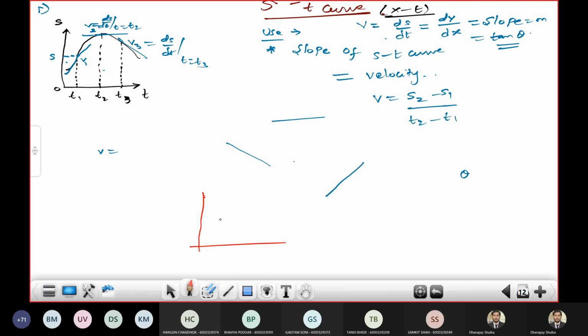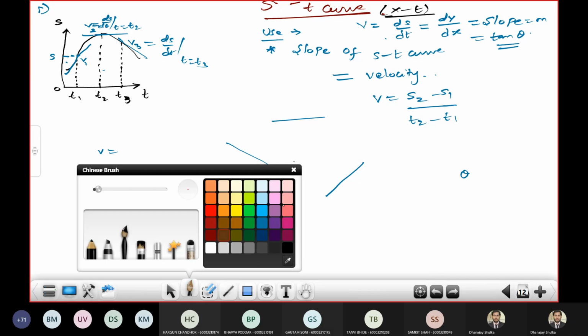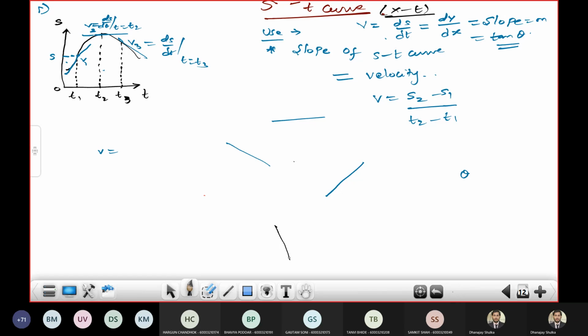ओके, सो अगर मैं ये वाला पहला सेगमेंट कंसीडर करूँ यहाँ पे, तो यू कैन सी दिस लाइन. If I extend this, you know that this slope theta is always measured anti-clockwise with the positive x-axis.